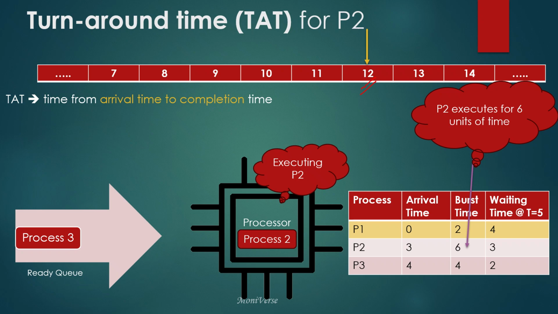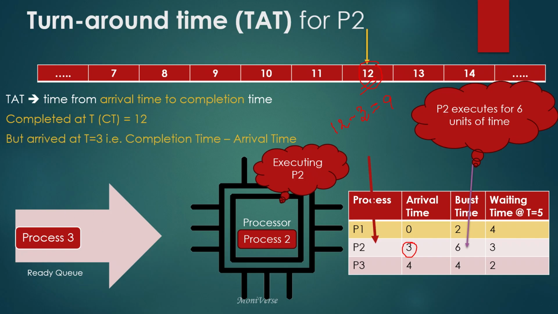We know the arrival time of process 2 is 3 and the completion time is 12, so we have to subtract: 12 minus 3. The answer is 9, right? So the completion time is 12, but it arrived at 3. Completion time minus arrival time, 12 minus 3, is equal to 9.